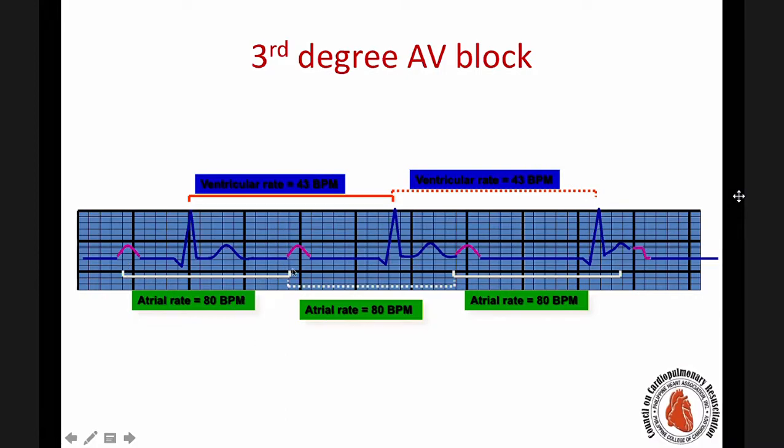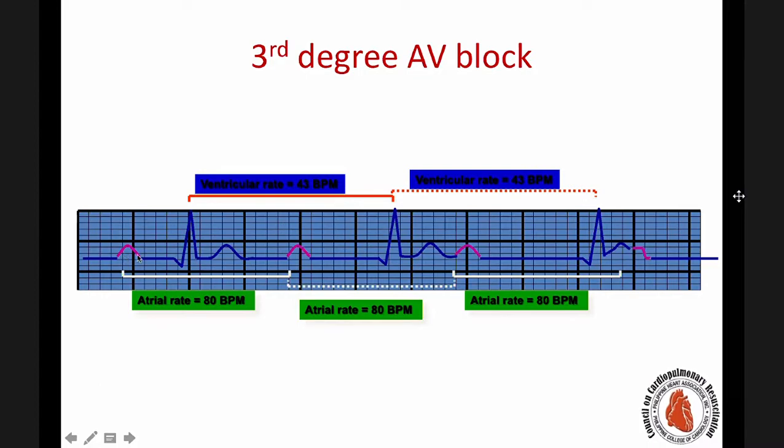Kasi makukompute mo yung rate ng P to P because you just count the number of small squares from P to P, 1500 divided by the number of small squares, that's the heart rate of the P to P. And then yung R to R interval are also the same. Pero kung titingnan mo, hindi na sila, it's dissociated. We call it dissociated because wala silang relationship.